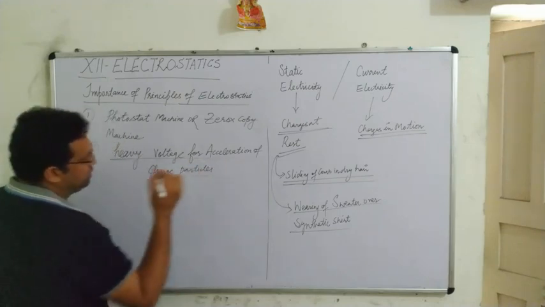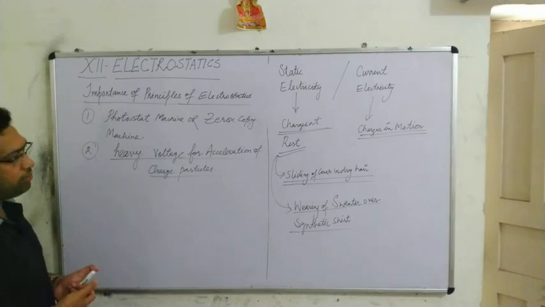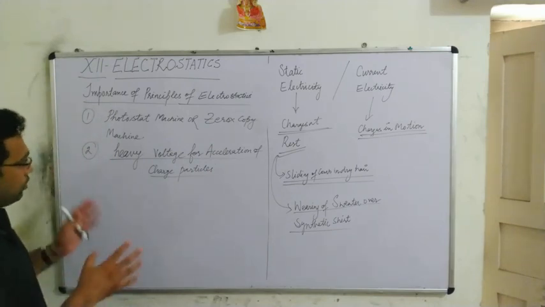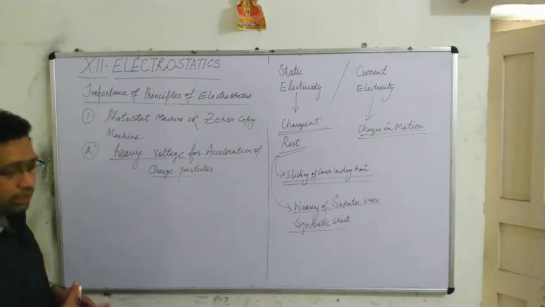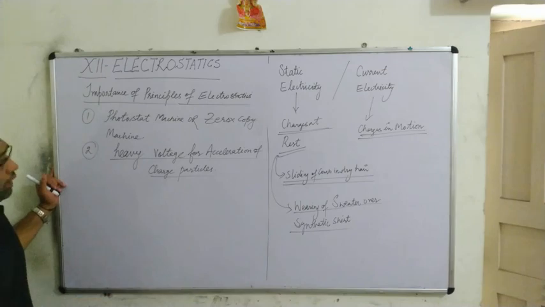So through electrostatics we can make heavy charge, charge in large amount, and due to creation of charge in large amount we will have heavy voltage for acceleration of charged particles.